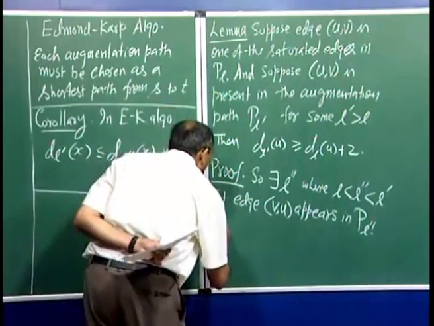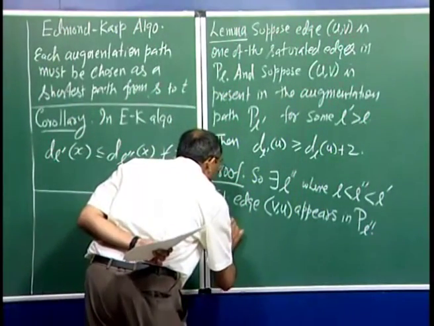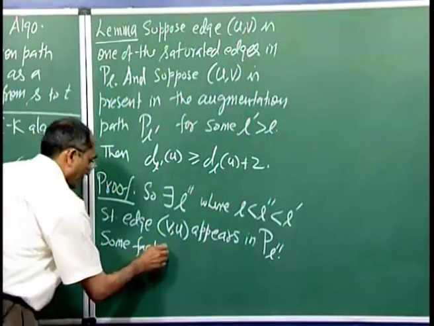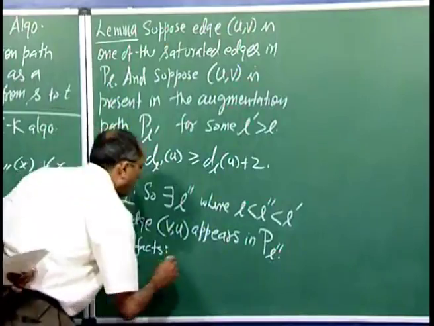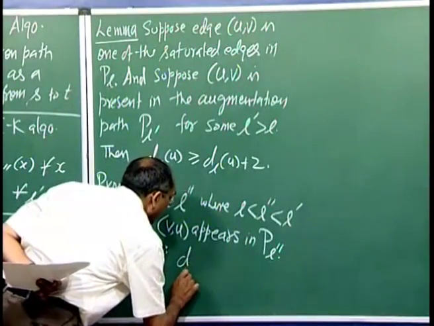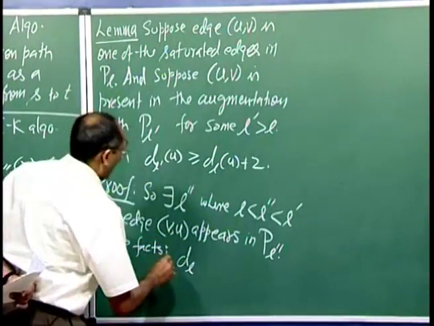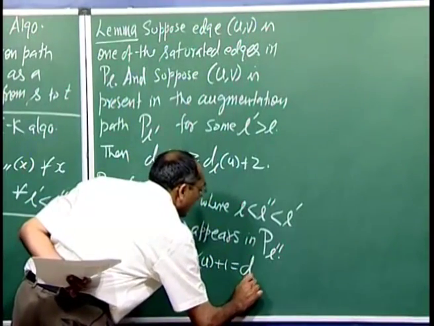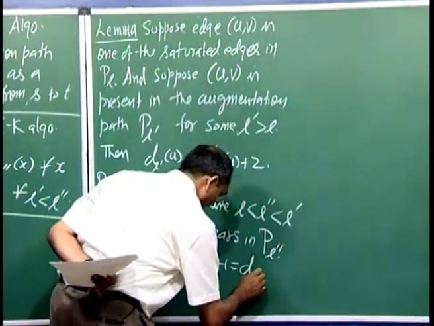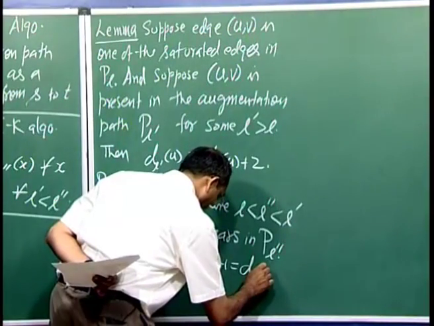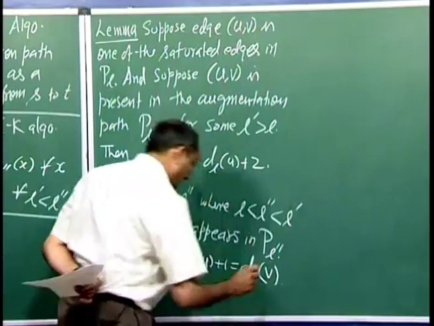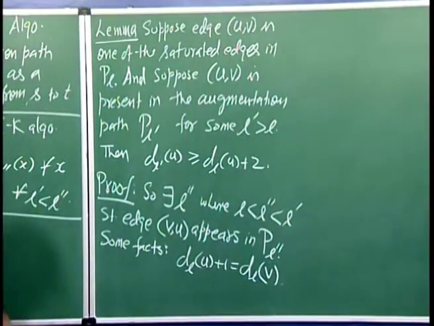So some facts here. Namely dL(u) plus 1 is dL(V).